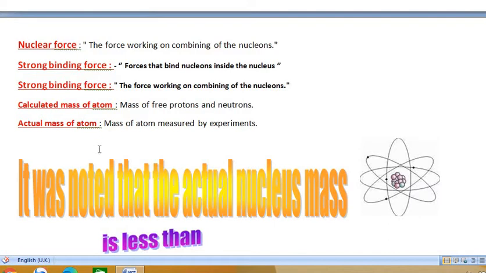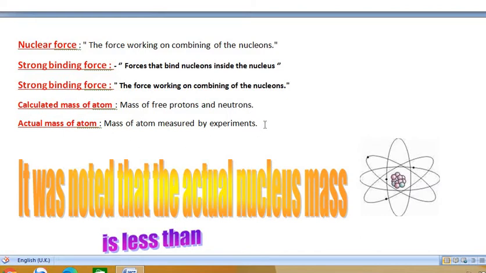Scientists wondered why there is a difference between the calculated mass and the actual mass. They accounted for that by saying that there is a binding energy which keeps, or binds, the constituents of the nucleus.